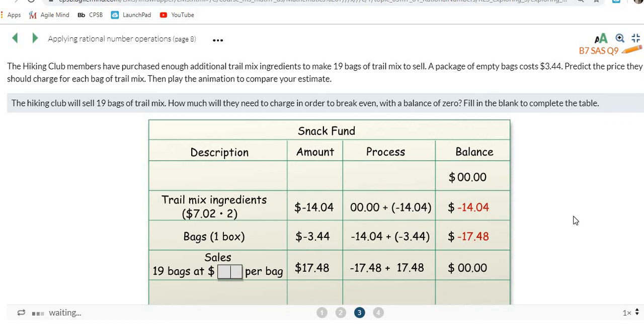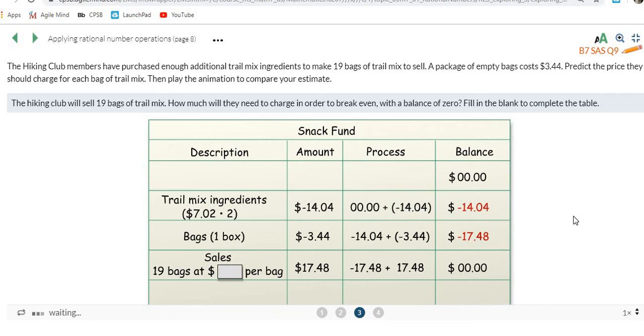Anybody know how much it would cost? 90 cents. So 90 cents times 19 gives you $17.10. Did I break even? No. So it's close.